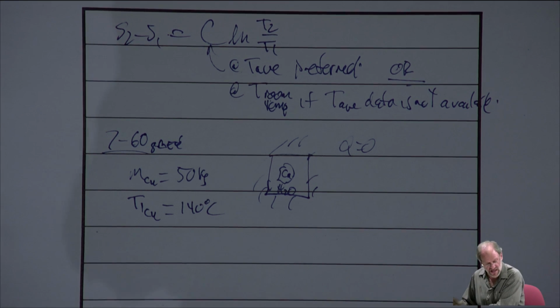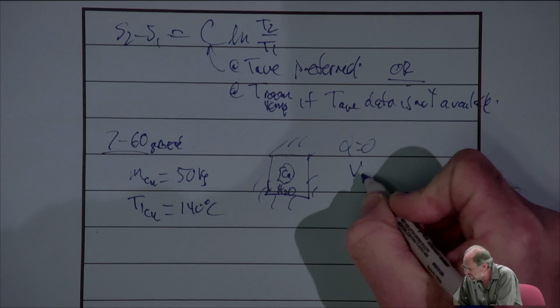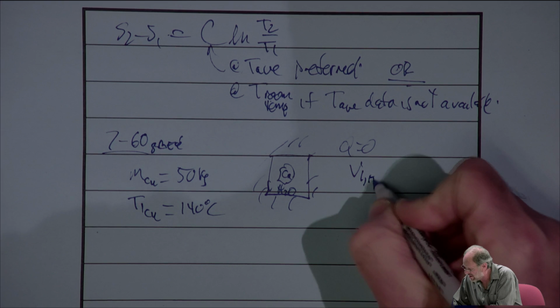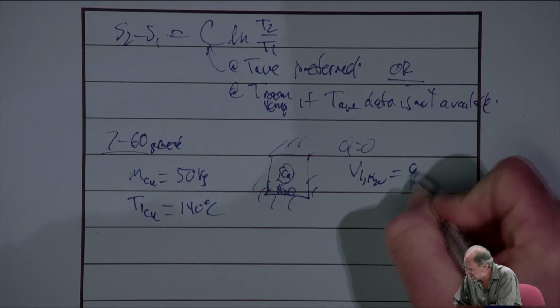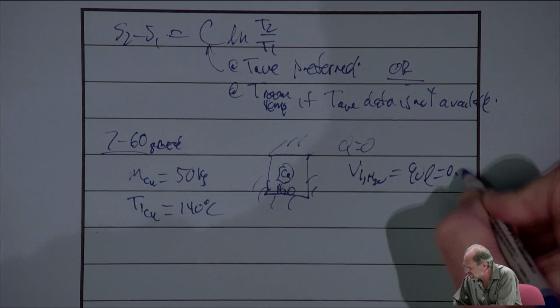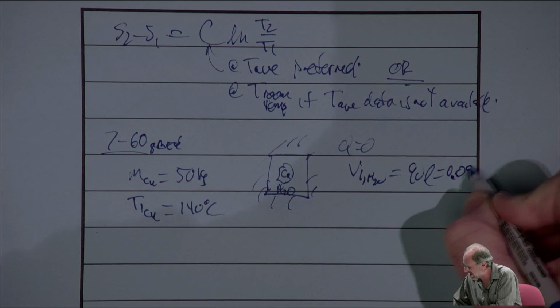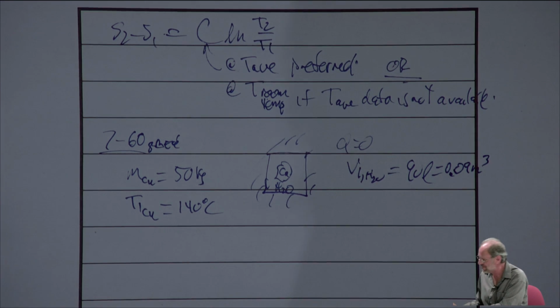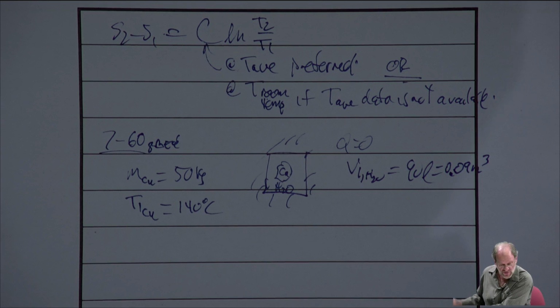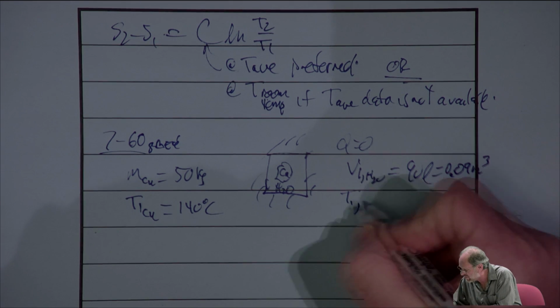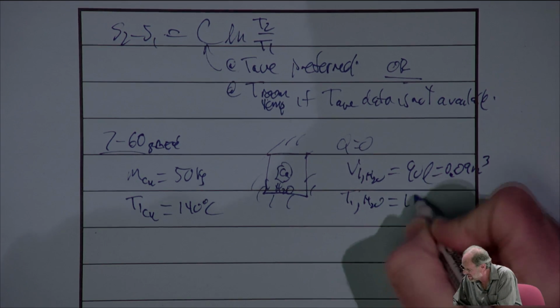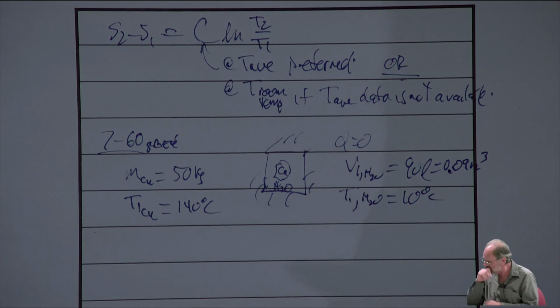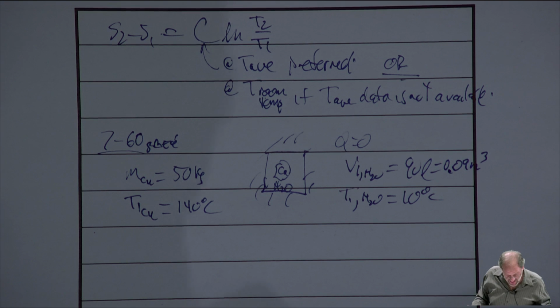And the tank contains 90 liters of water, so we know the initial volume of the water, and that's 90 liters, which is what, 0.09 cubic meters. And then we also know the initial temperature, so T1 for the water is 10 degrees Celsius. Okay.